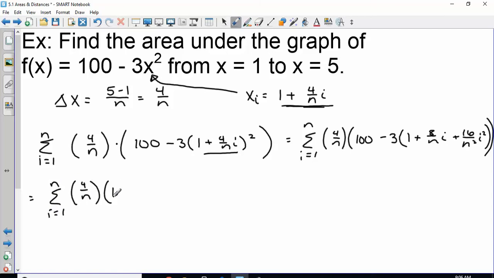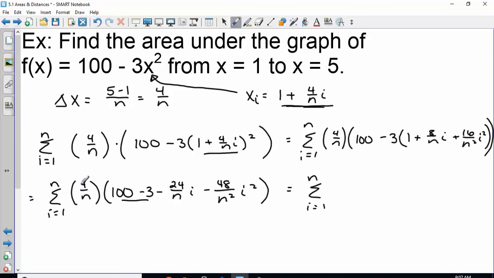So now if I distribute my 3, 100 minus 3, those are like terms, that would give me a 97. I'm going to distribute that 4 over n now as well.